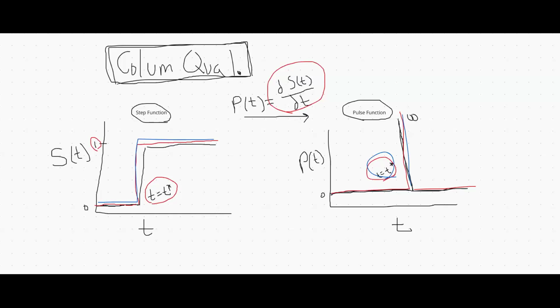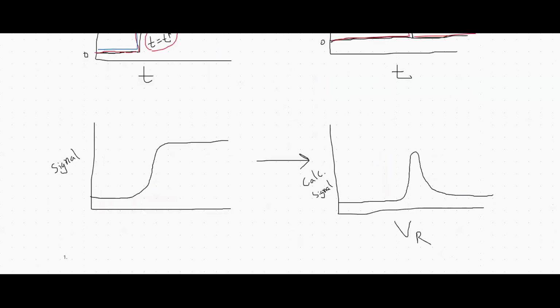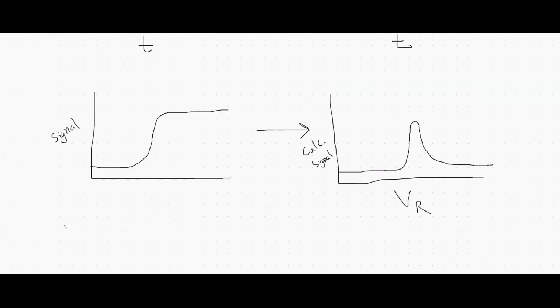Now, how does this actually relate to column qualification? Well, you may actually see plots that look like this when doing qualification or just running a chromatography step. We'll start over here. This would be your pulse function, right?